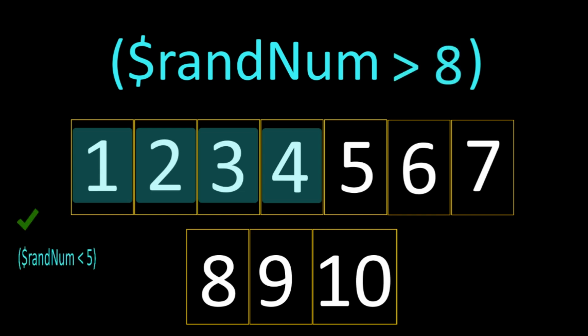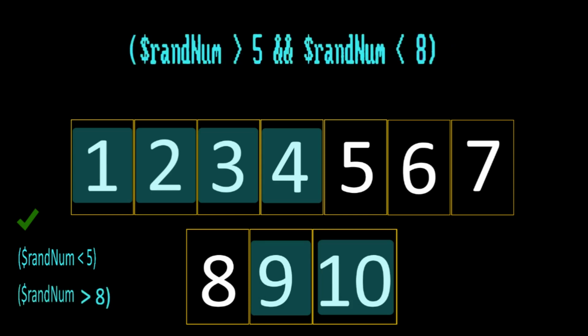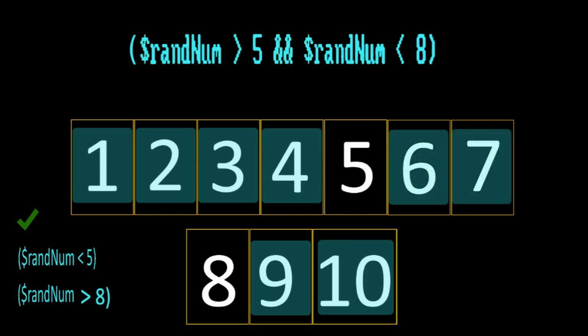Next we have random is greater than 8. So what numbers are covered there? 9 and 10 are both greater than 8. Finally, we have random is greater than 5 and random is also less than 8. So what numbers are greater than 5 but less than 8? 6 and 7 are both greater than 5 and they are also less than 8.